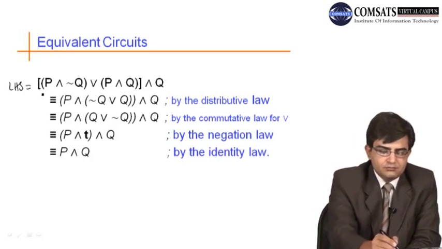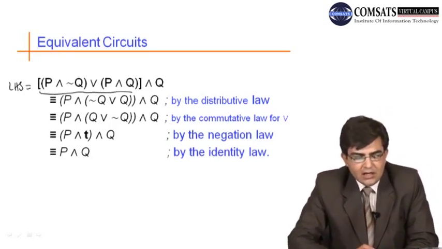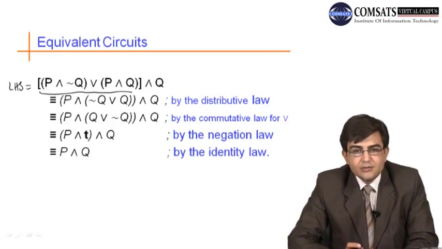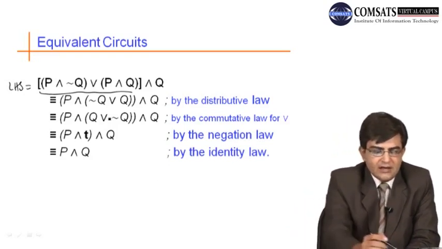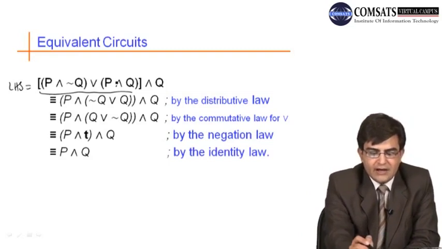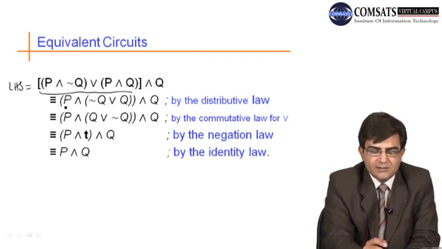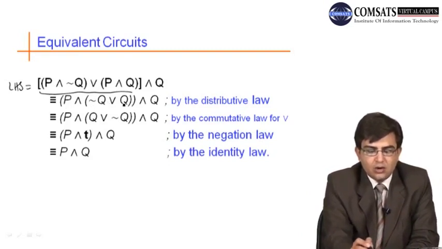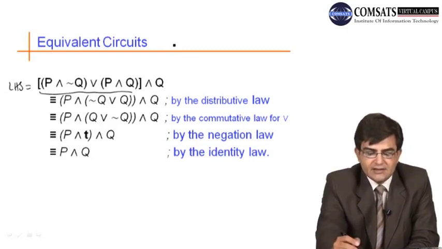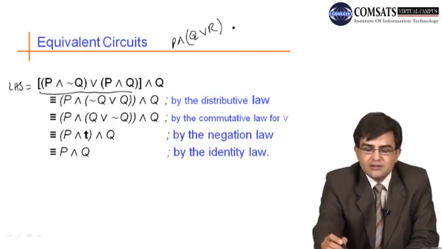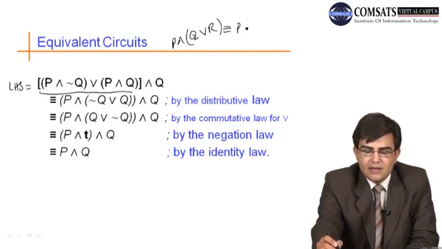If you look at this carefully, we can see that we can apply a distributive law. Here we have P and not Q, or P and Q. So we can apply a distributive law which gives us P and (not Q or Q), because the distributive law is basically P and (Q or R), which is equivalent to (P and Q) or (P and R).